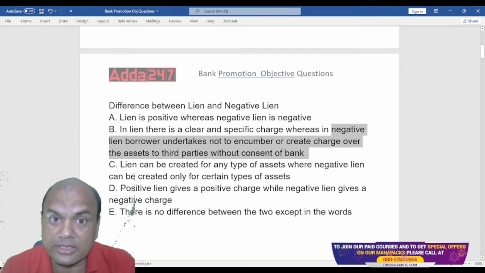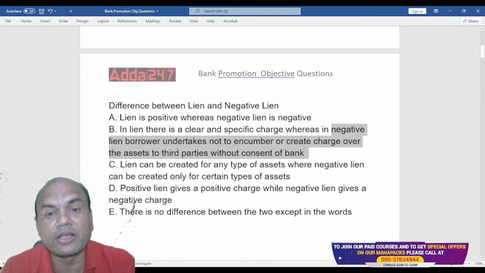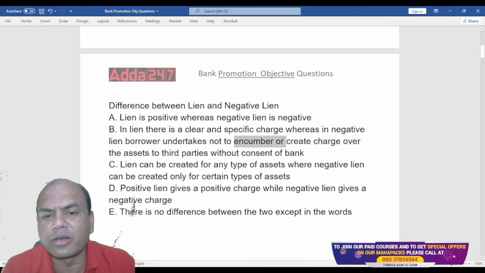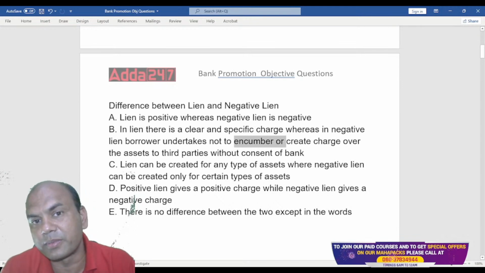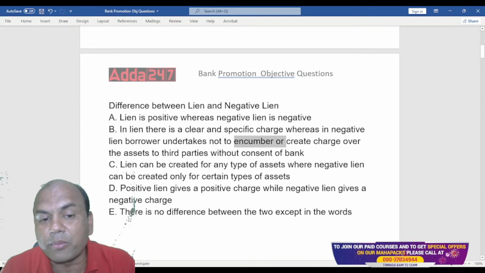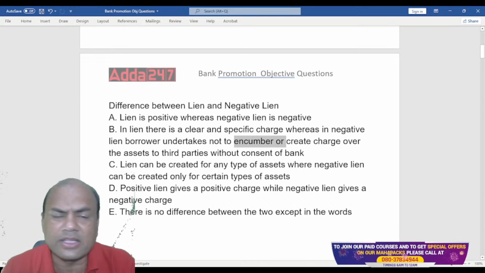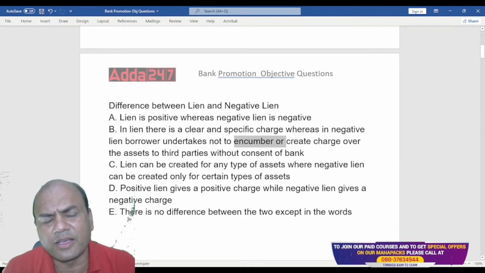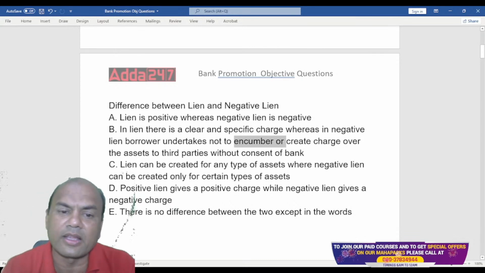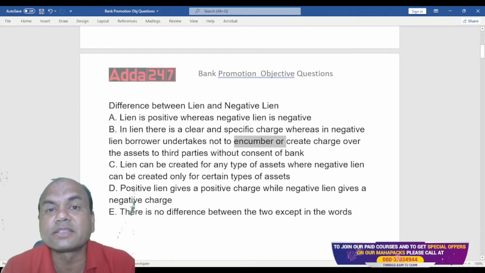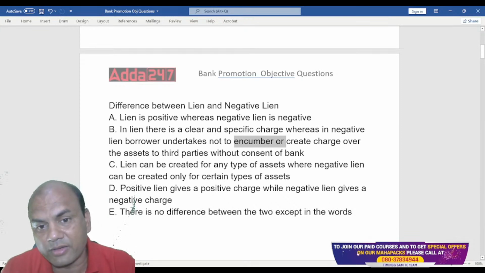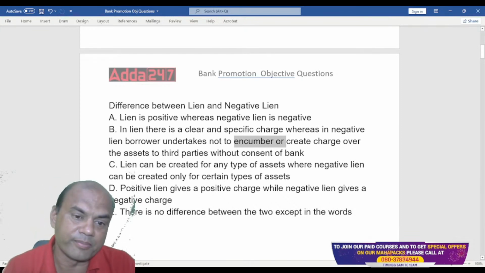Not to create a charge over the assets to third parties without the consent of the bank. So he won't give this property as a mortgage or security, or if it's in any other document, he won't give that document under security to any other bank other than me. That's the meaning.